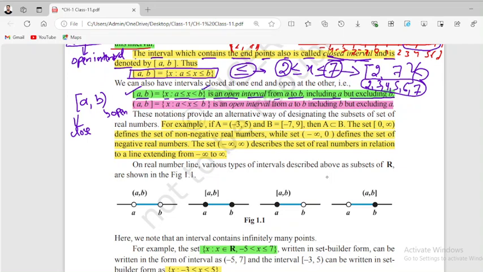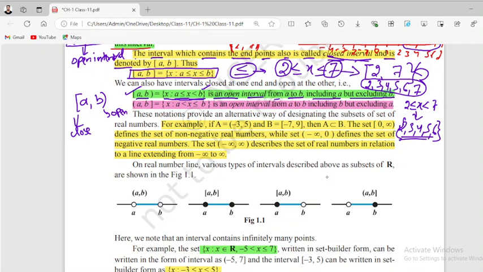Suppose we have 2 ≤ x < 7. So the representation is 2, 3, 4, 5, 6, not 7. These are all the elements that belong to this interval, if we take 2 in place of a and 7 in place of b.